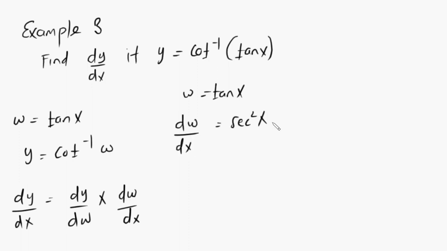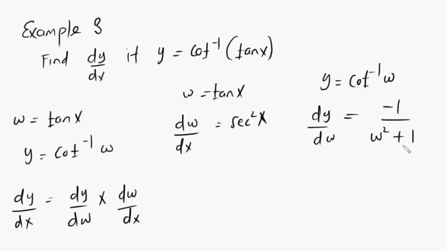Sec squared x. Okay, we have already derived that in earlier videos. And then y is equal to cot inverse w. We want to derive it now. Instead of x it is now w. So dy dw will now be negative 1 over w squared plus 1.